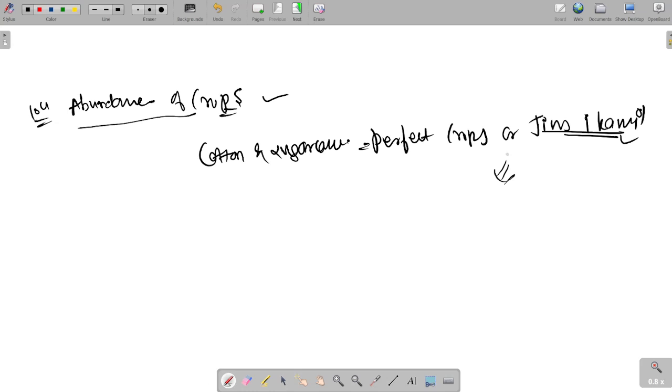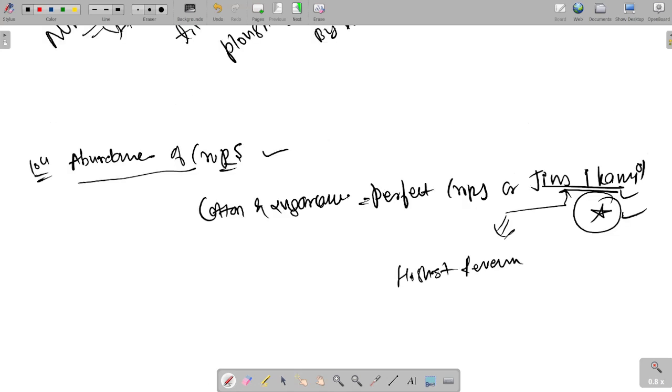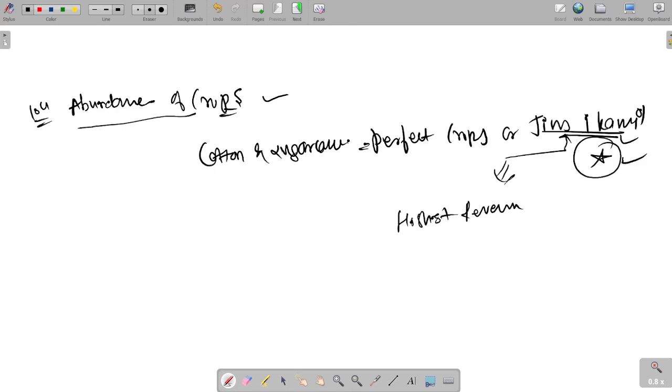That is the perfect crop, and these fetch the highest revenues. Guys, terms like these are very important. Always pay attention to what they mean and what their context is.